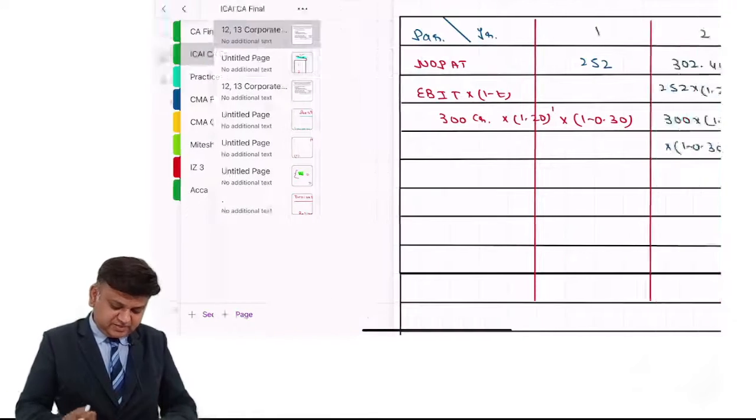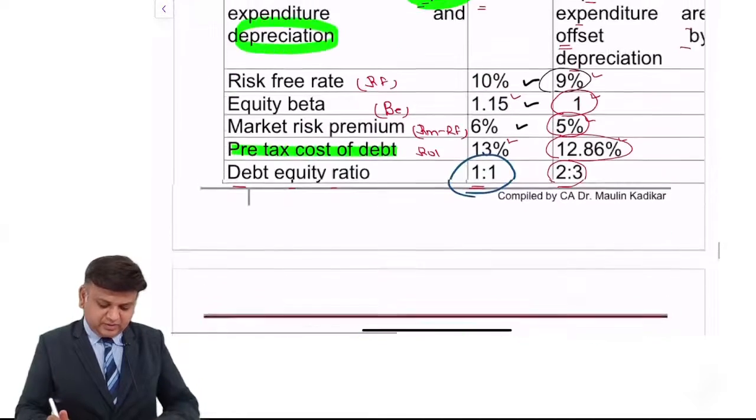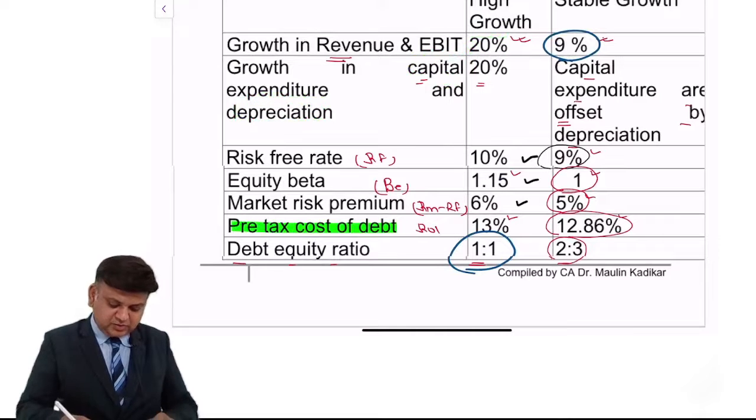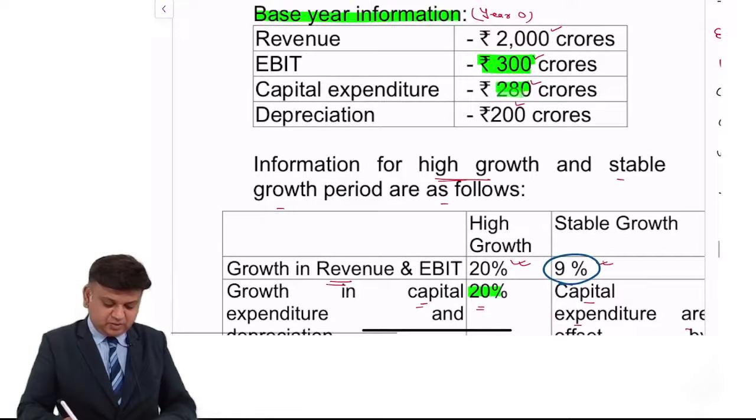Now friends, let us have understanding. There are two things that we are required to mention. One is the growth in the capital expenditure, which is provided as 20% during the growth period. So capital expenditure is 280.